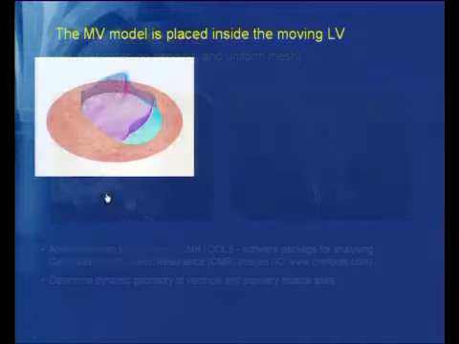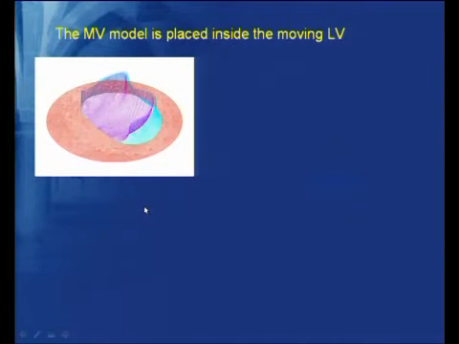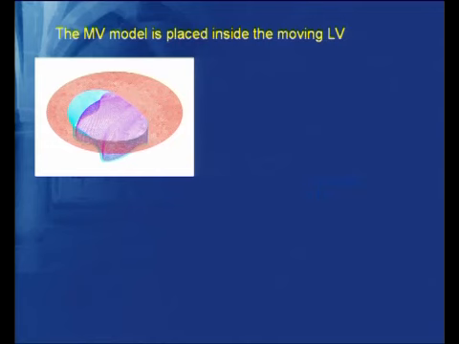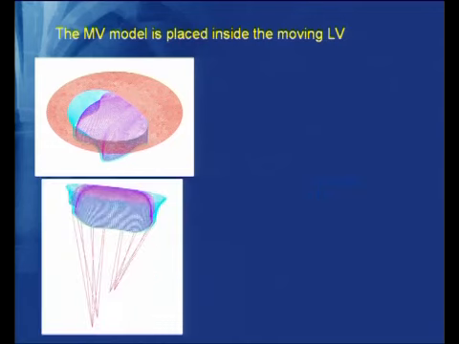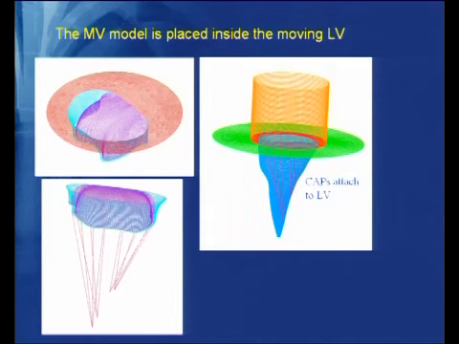We use MRI data to generate the image and the motion of the left ventricle, and then use it as the boundary condition for the valve. So we have a valve like this. We reverse it and put all the fibers through, and then you put a housing or disc and a guiding tube where you impose the flow rate.